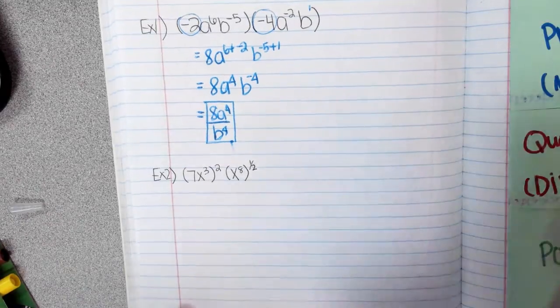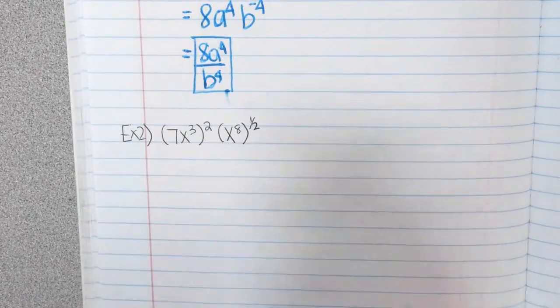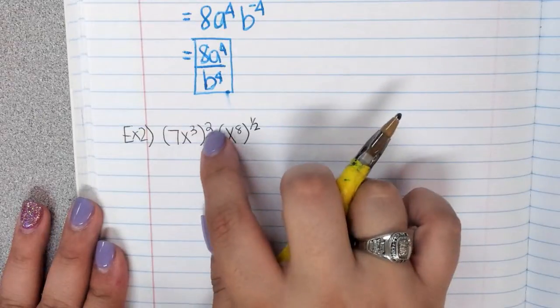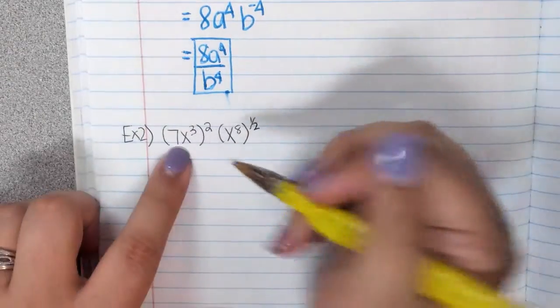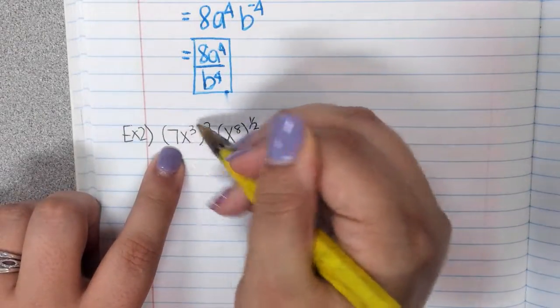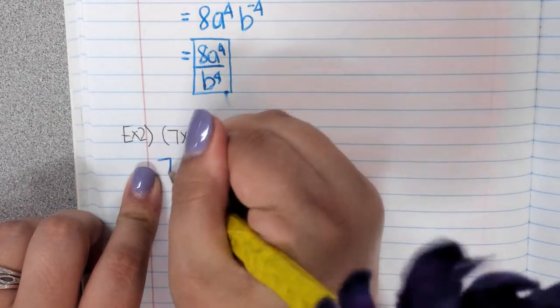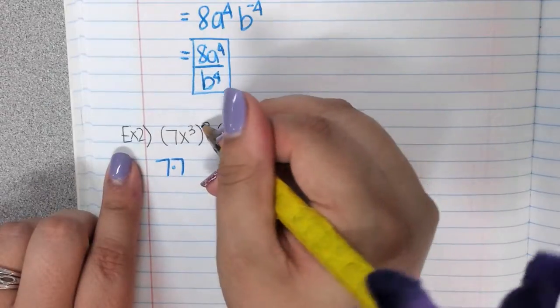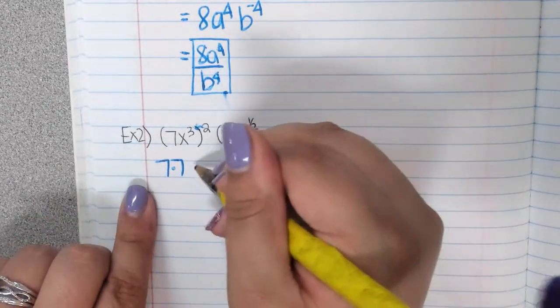All right, for this one, we always have to deal with our power to a power first. So right here, I have a coefficient. Don't forget, you have to write it twice. 7 times 7.